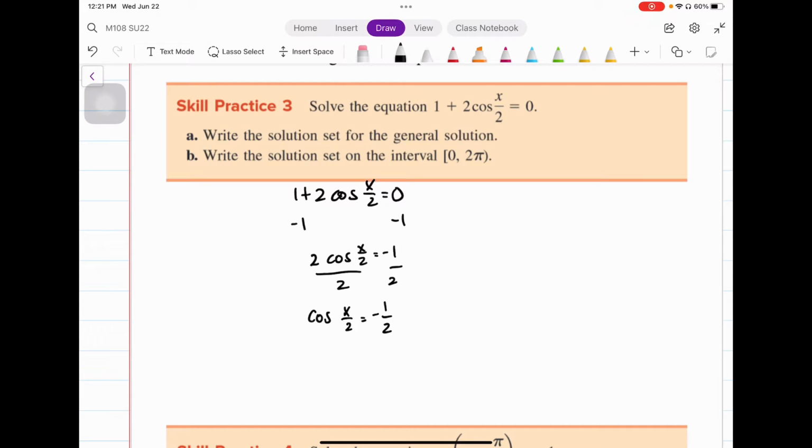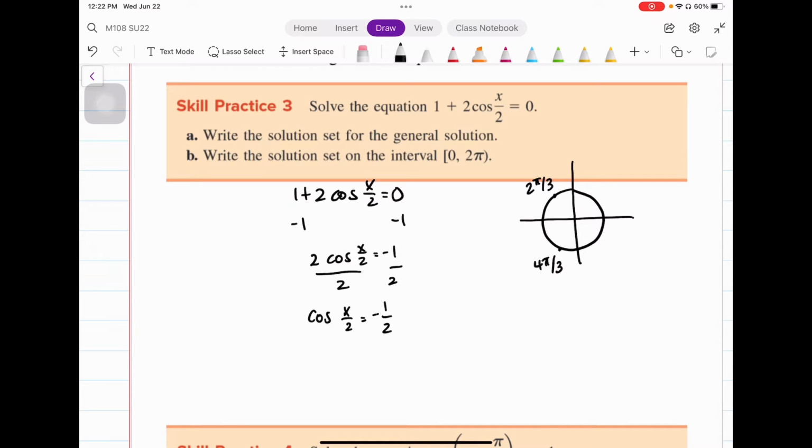So I have to figure out when the cosine is equal to negative 1/2. Looking at the unit circle, when does the x value equal negative 1/2? That happens at 2 pi over 3 and at 4 pi over 3. We then have two values where cosine gives negative 1/2.